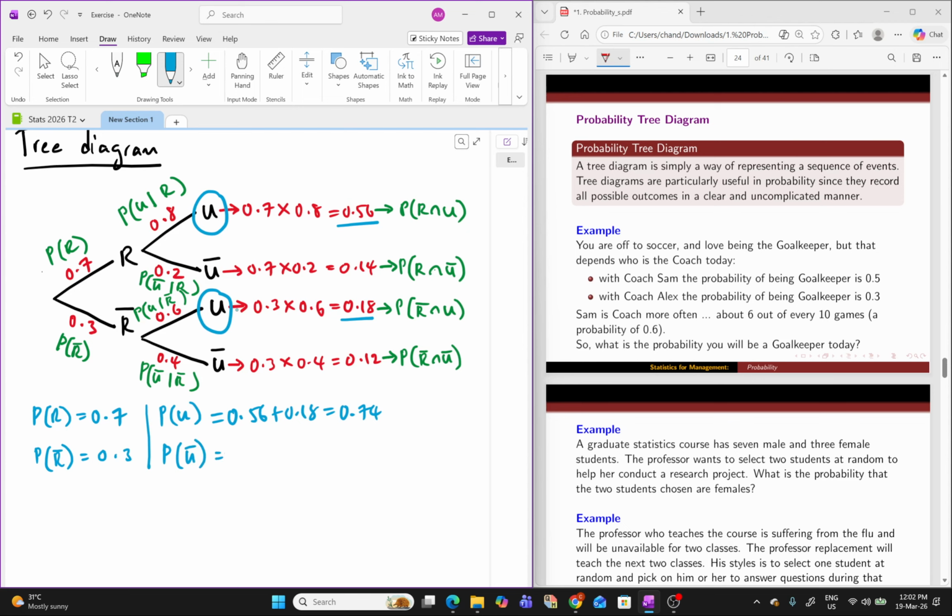Same goes for this one. You go for U, 0.26.